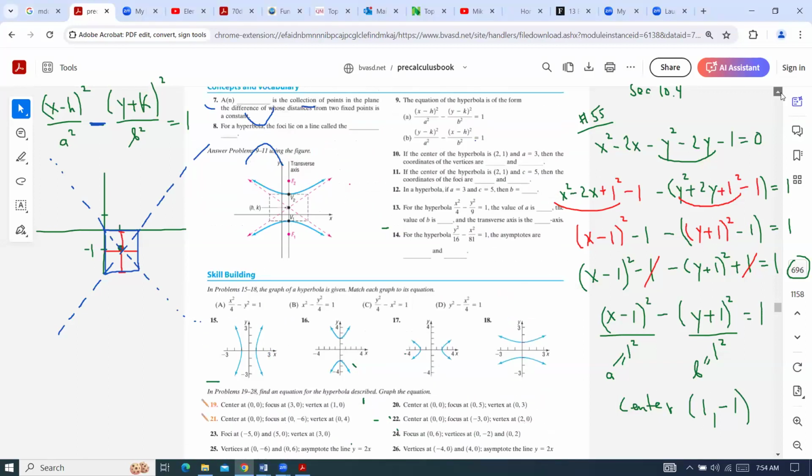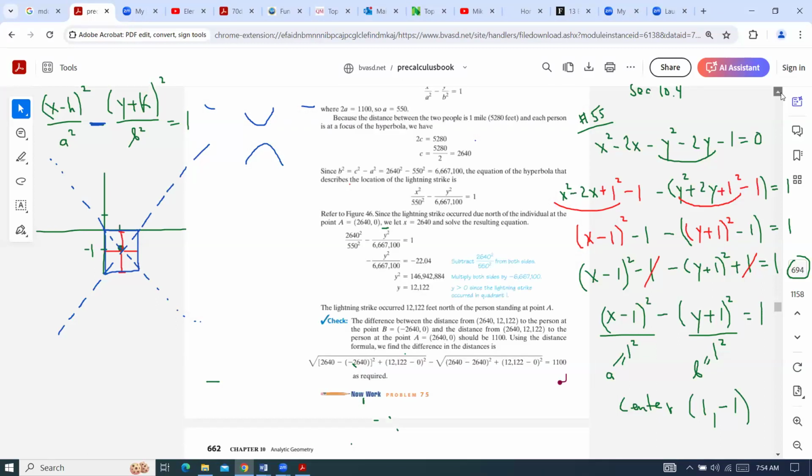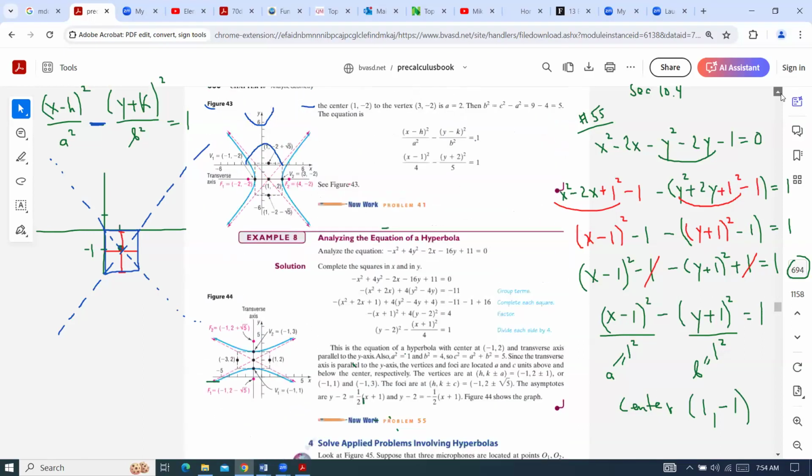Well, here's what they're saying. If you have positive x squared or positive y squared. So in our case, we are dealing with a situation where our x squared is positive, right? Because if x squared is negative, the hyperbola is on the top and the bottom.